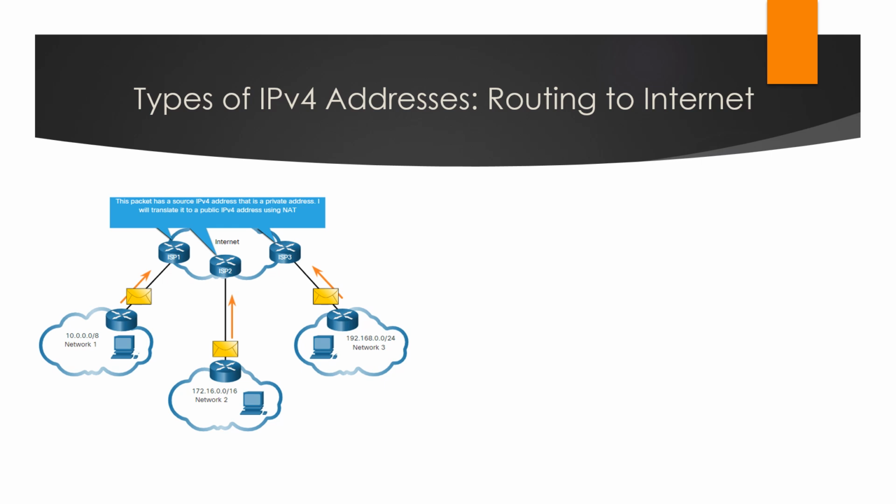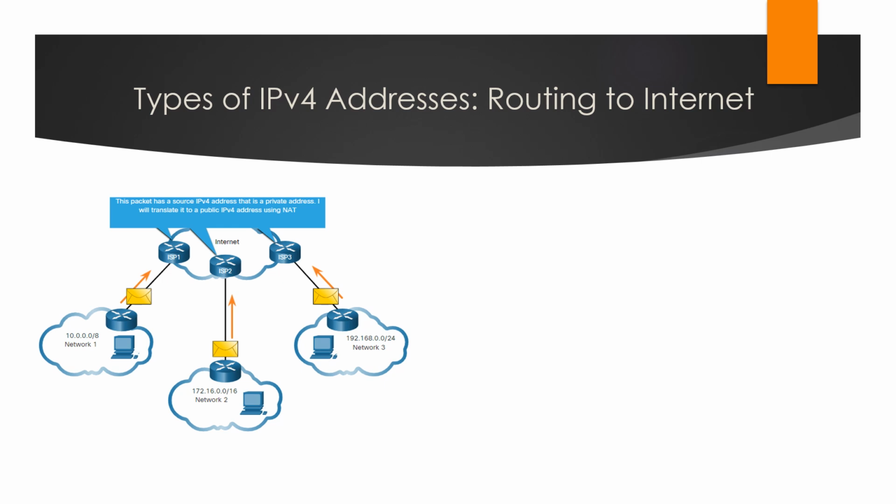IP address. Packets with a private address must be filtered or translated to a public address before forwarding the packets to the Internet Service Provider. Before the Internet Service Provider can forward these packets, it must translate the source IPv4 address, which is a private address, to a public IPv4 address using network address translation.